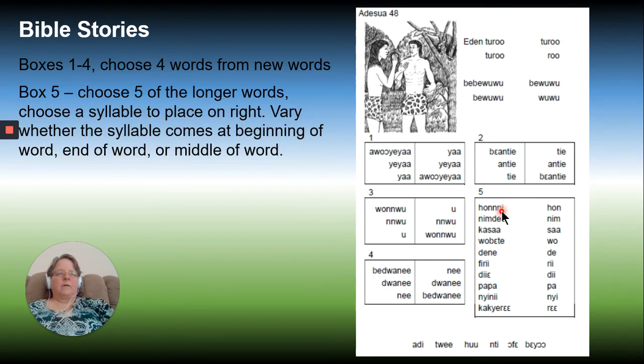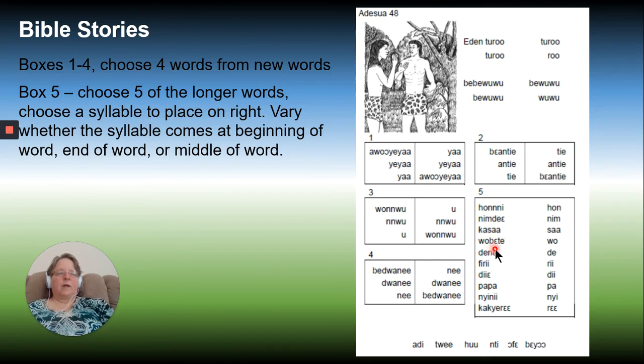And for box 5, you're going to choose 10 of the longer multi-syllable words, preferably more than 2 or 3, at least 2, maybe 3-syllable words. And then you're going to write them on the left-hand side, and then on the right-hand side, you're going to pick a syllable from those words to highlight over here. And so some syllables are going to come from the beginning of the word, some from the ending of the word, and then maybe some from the middle of the word.